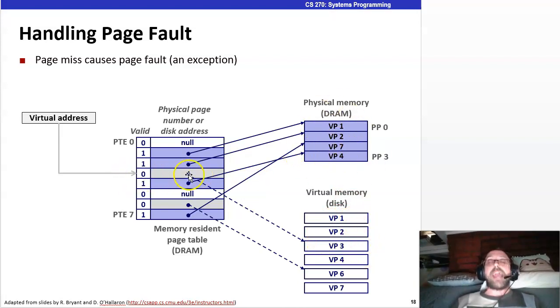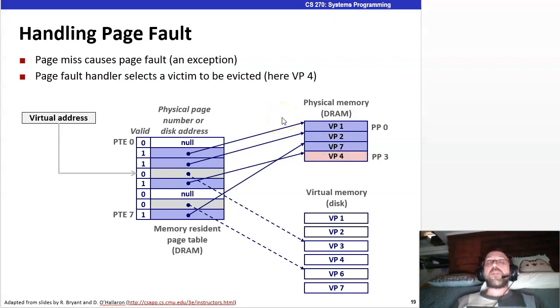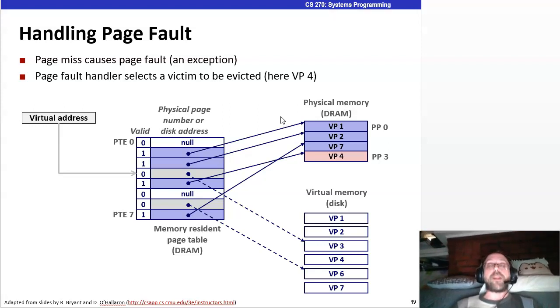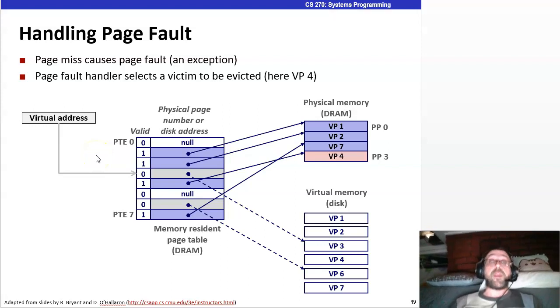So now I'm trying to access this virtual page 3, but I don't have any room in physical memory. So what happens? Well, the operating system, the page fault handler, that part of the operating system that got the page fault and is told by the hardware to do something about this, has to select something in physical memory to be evicted.